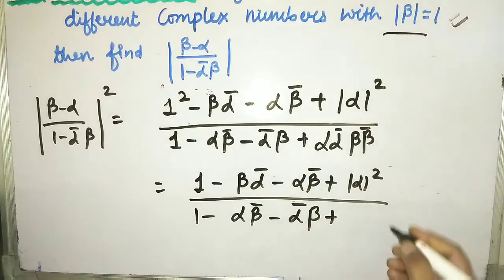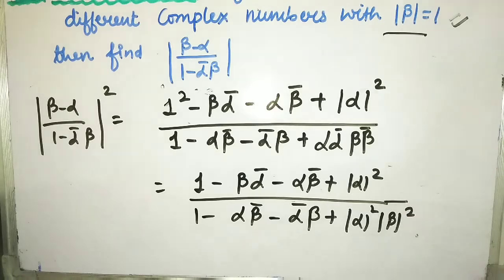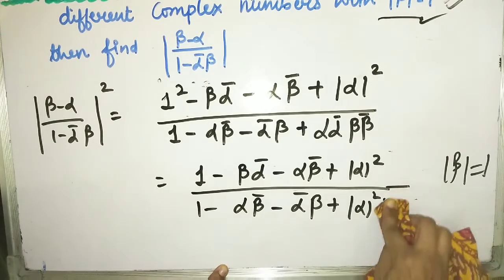Alpha alpha conjugate is modulus of alpha square and beta beta conjugate is modulus of beta square. Now students, you know what is the value of modulus of beta? It is equal to 1. So I am going to replace it, as modulus of beta is 1. So I'm going to remove it because its value is 1.